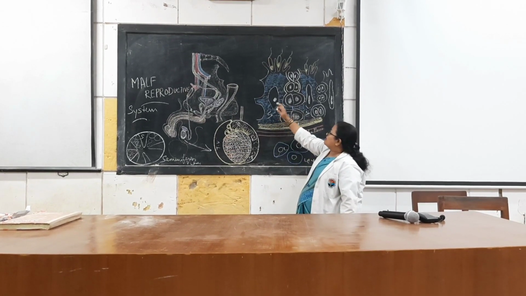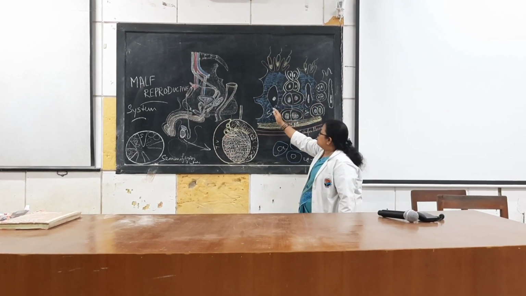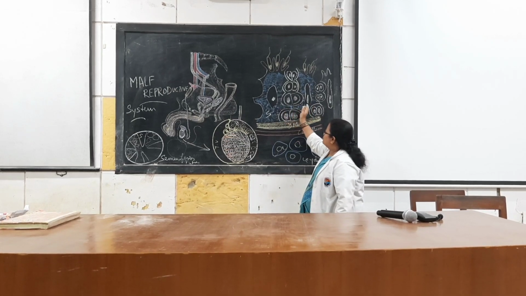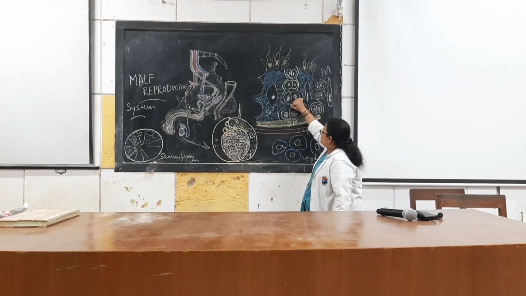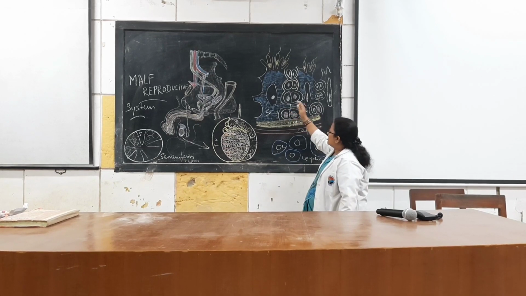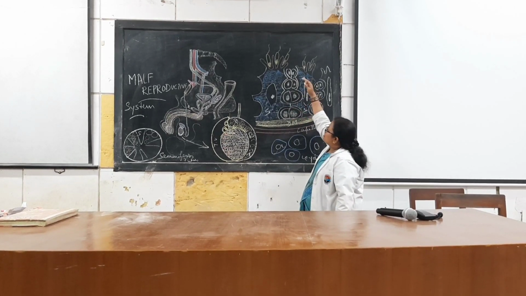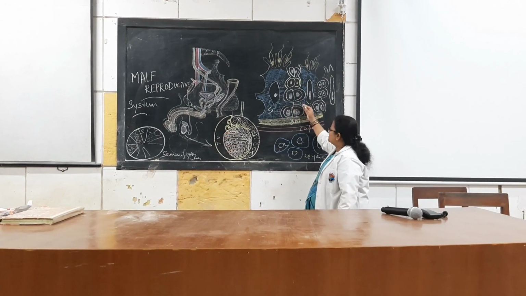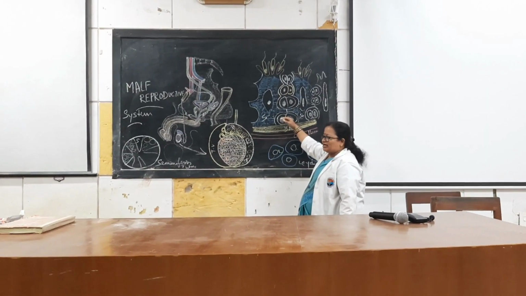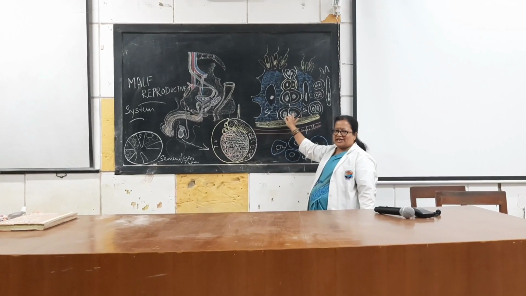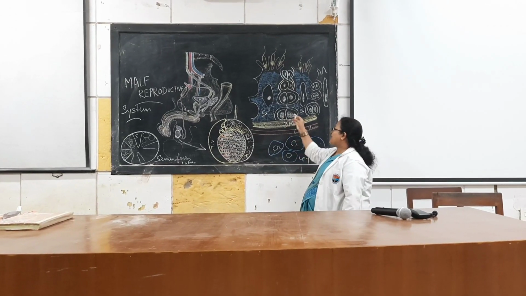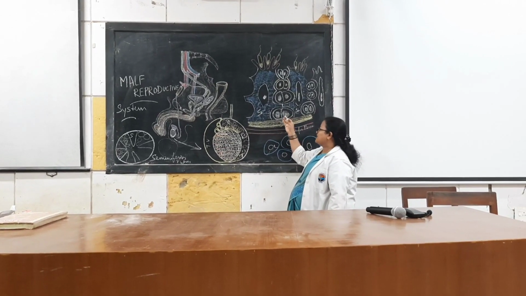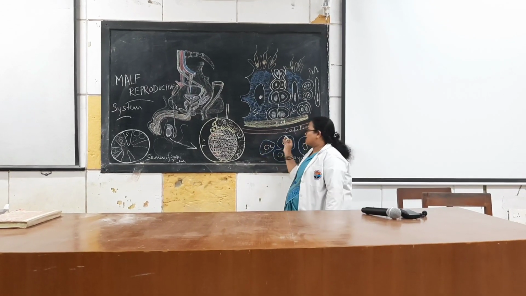So I was telling about the blood testis barrier. The lateral appendages of two Sertoli cells will form a tight junction, and they will divide the lumen of the seminiferous tubule into two compartments. This is the basal compartment containing only the spermatogonial cells; this barrier will protect the spermatogonial cells from immunological reactions.